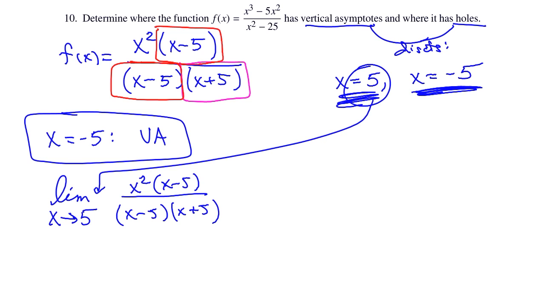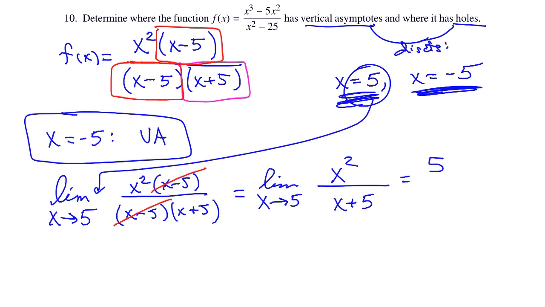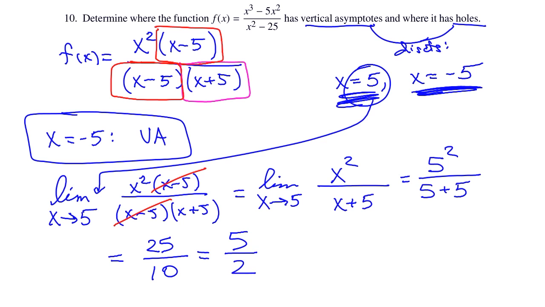When you take this limit, notice that these factors cancel. Leaving me with the limit as x goes to 5 of x squared over x plus 5. That gives me 5 squared over 5 plus 5, which is equal to 25 over 10, which reduces to 5/2.